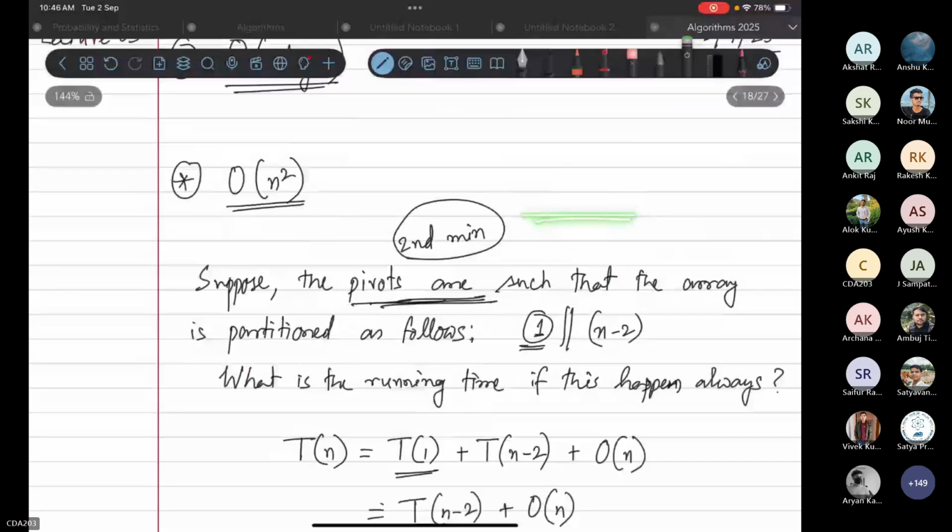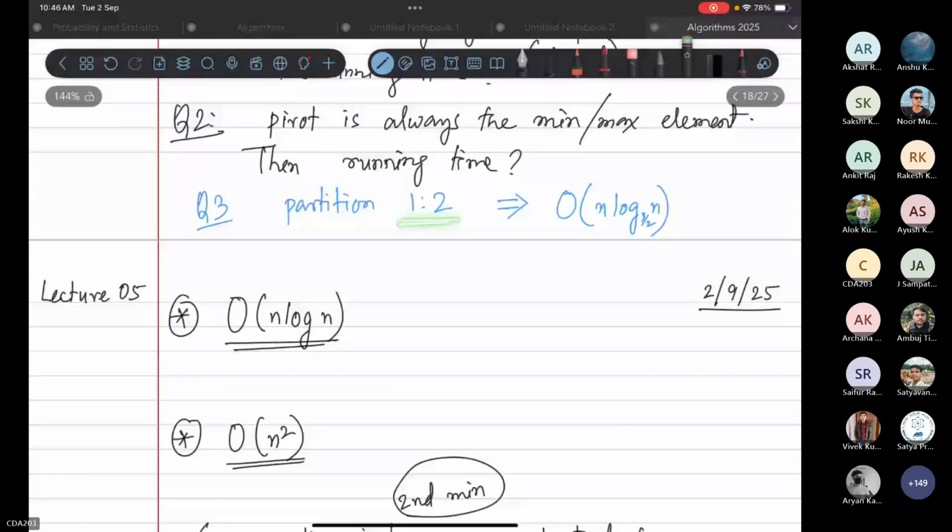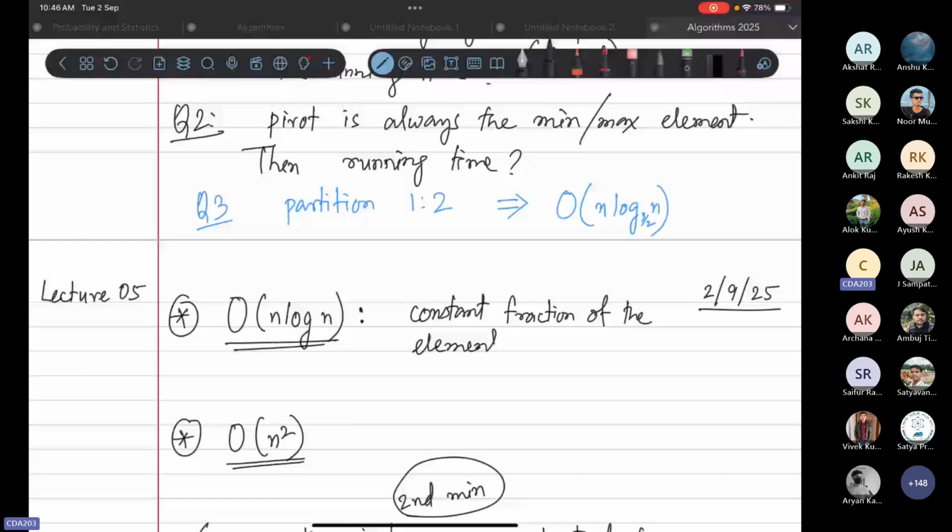Let me write it here now. I'm writing the property of the partition that a constant fraction of the elements is going in one part and the rest to the other part.